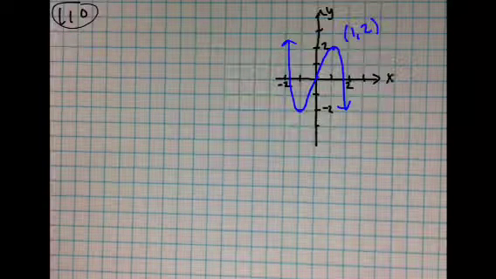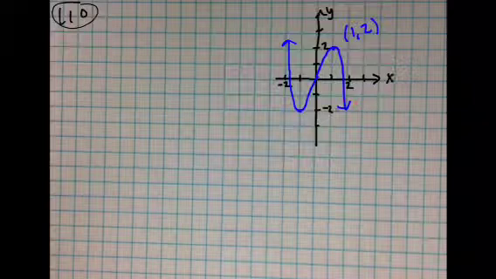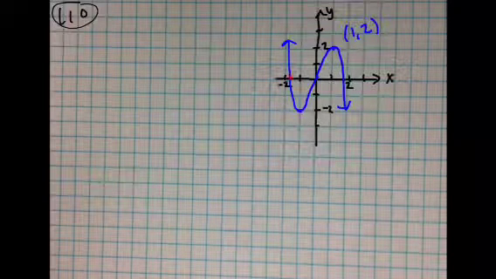That's part A. Part B, find the domain and range of the function. So remember, for domain, we go across from left to right, and on the leftmost thing we encounter an arrow as we go across, and then on to the right we encounter another arrow, and it's continuous all the way through. There are no gaps.